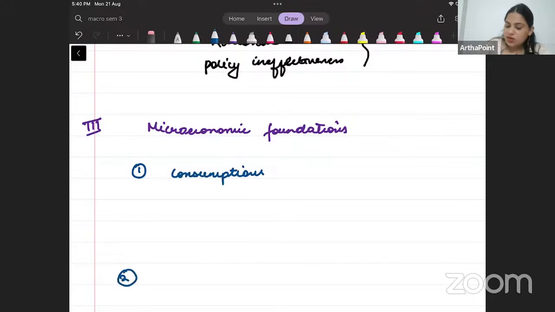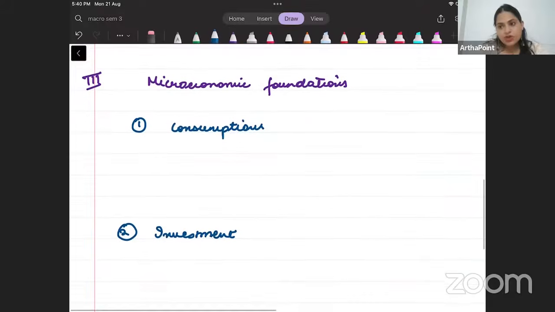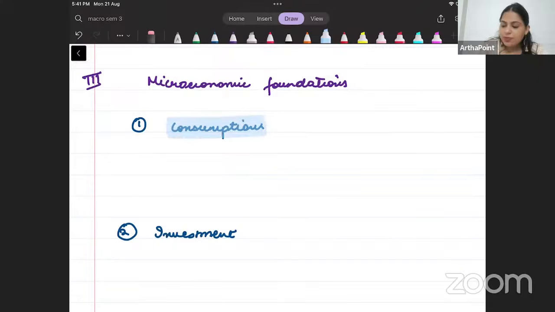And second is known as the investment foundations. In the consumption foundations, we have various theories like life cycle hypothesis, permanent income hypothesis, Fisher's hypothesis. So all those consumption hypotheses are important. And then in investment, we will again have some theories like what is the demand for fixed investment, what is residential investment, and inventory investment.